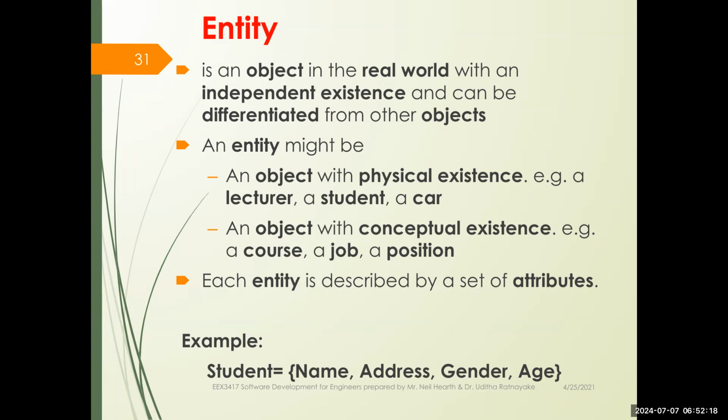Student is independent and course is independent. An entity might be an object with physical existence, like lecture, student, or conceptual existence like course, job, position. Entity can be a physical object or a conceptual object, both can be available.